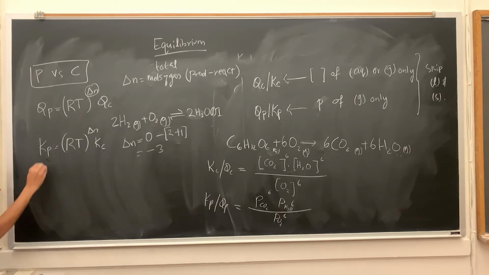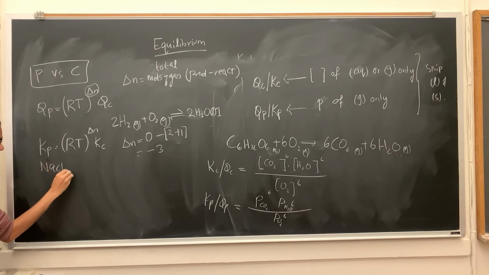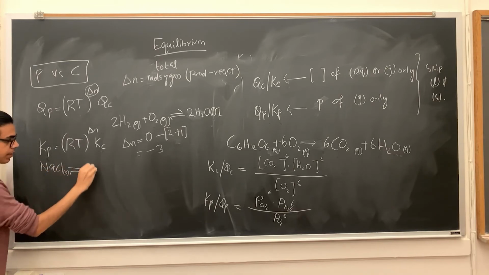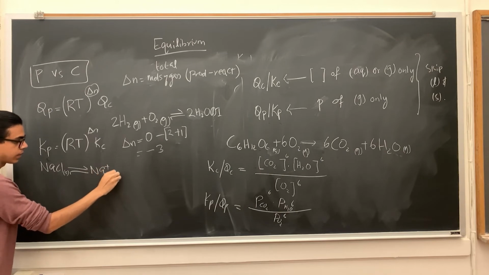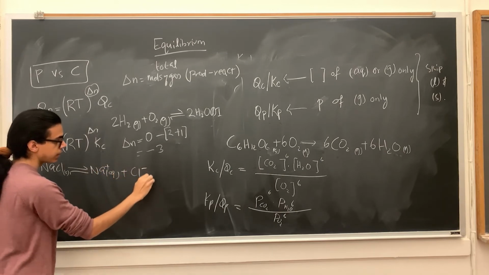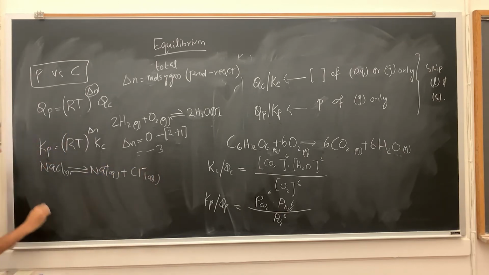One more, NaCl, solid, breaks up into Na plus, aqueous, and Cl minus, also aqueous. Tell me what Kc here would look like.